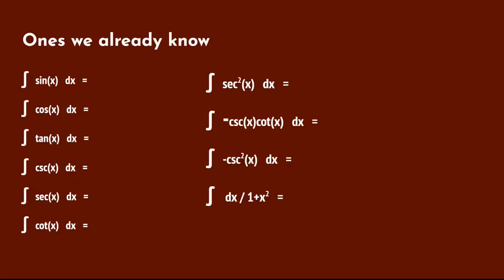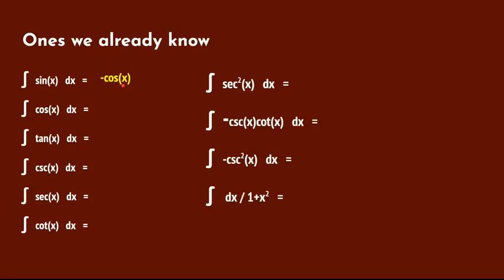All right, what's the integral of sine? Negative cosine, and you might be thinking, why negative? Well, when you take the derivative of cosine, it will give you negative sine. So if we start with positive sine, the derivative of negative cosine is what gives us sine.